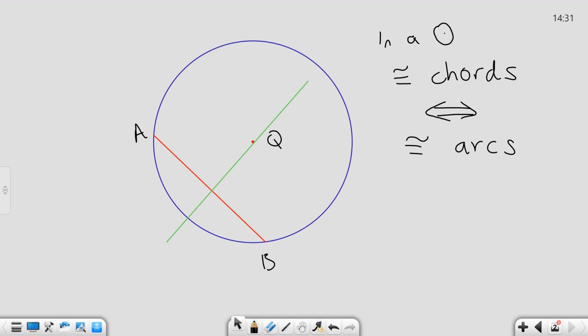The first thing is that it passes through the center of the circle, which you can clearly see. And the second thing is it passes through the midpoint of that chord. So in other words, let's call this M. AM and MB are congruent. If that is true, what also appears to be true?